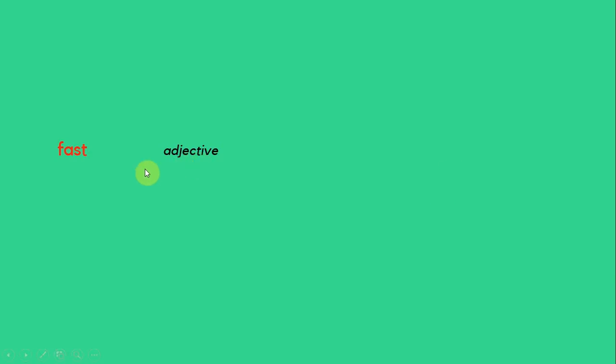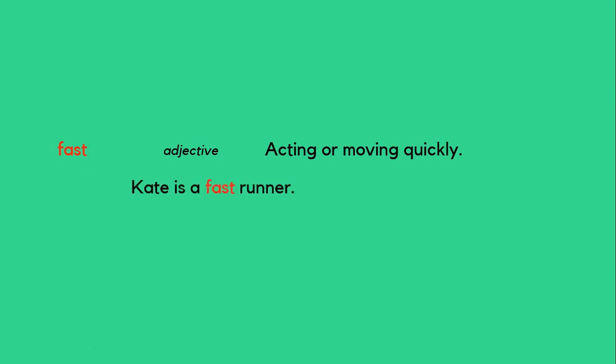The part of speech of the word fast is adjective. And it will also tell you the meaning of it. The meaning of fast is acting or moving quickly. And it will show you the use of the word in a sentence. Here is, Kate is a fast runner.